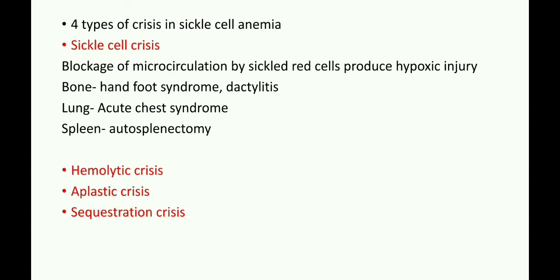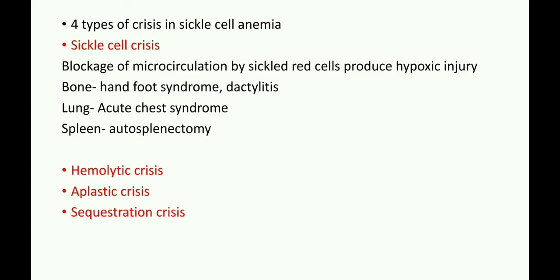So initially there is an enlargement of the spleen. In that condition, more extravascular hemolysis can happen. That means there will be a marked increase in the hemolysis. So that is hemolytic crisis.